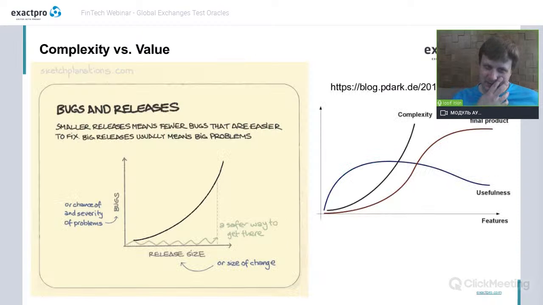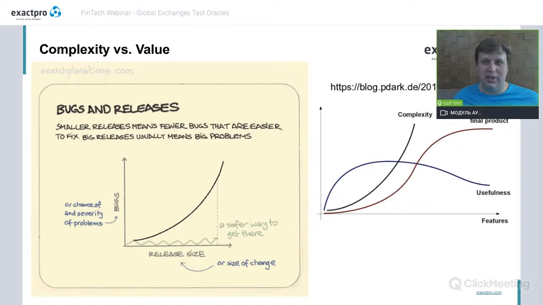And if it is the case, it is likely that there will be more problems in the model than in the software itself. So the more complexity we have, the more bugs, and their quantity and their severity increases.